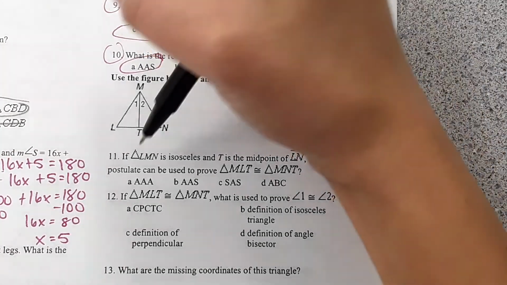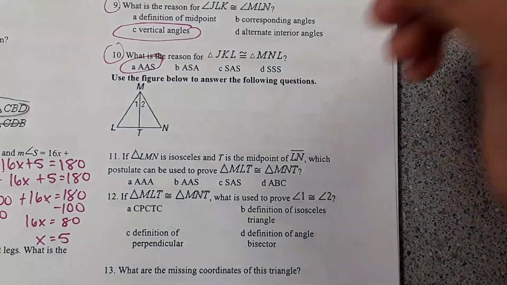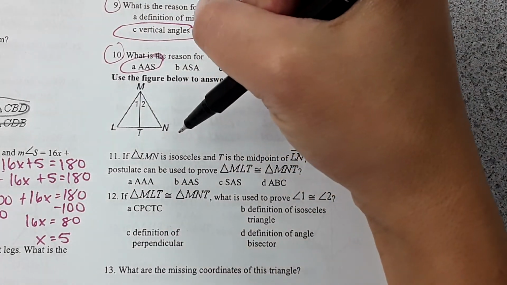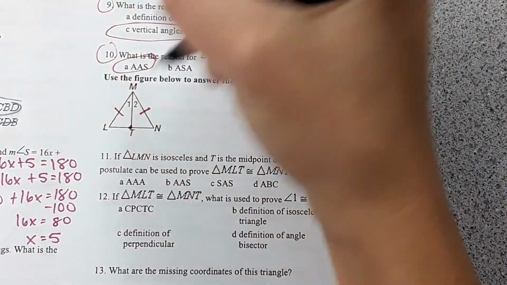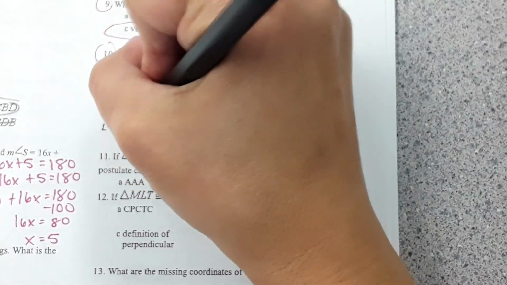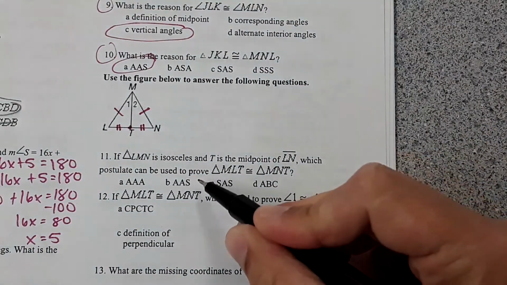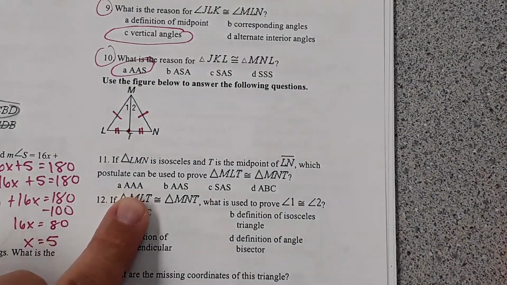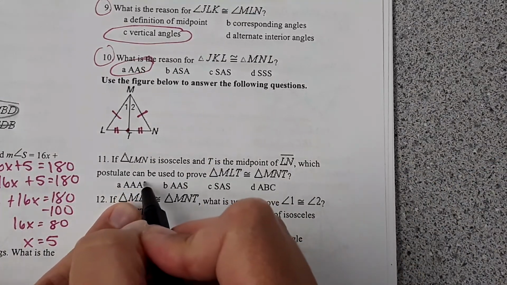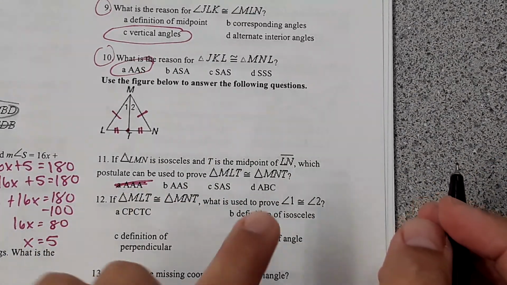Okay. If triangle LMN is isosceles, so that means this is equal to this, and T is the midpoint of LN, so that means this is equal to this, which postulate can be used to prove that these two triangles are congruent? Well, angle doesn't prove triangles congruent, so cross that one out.